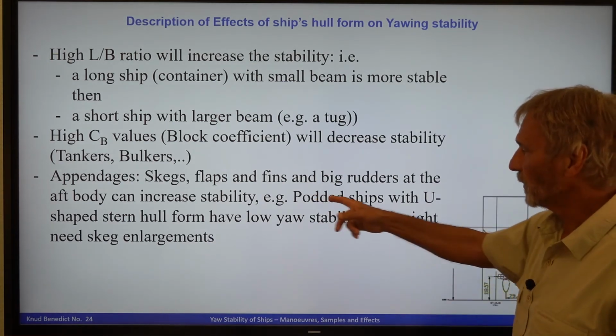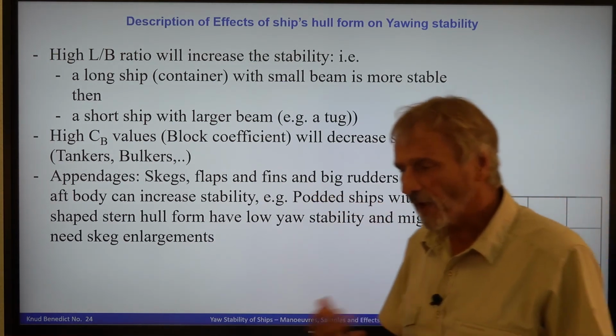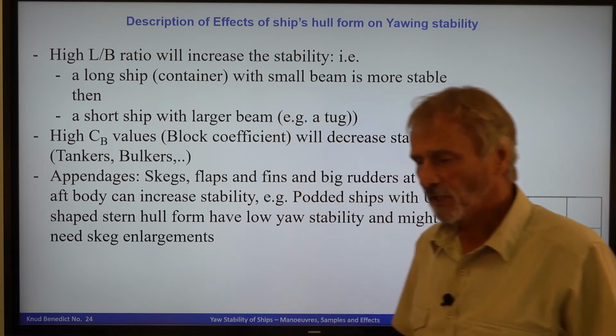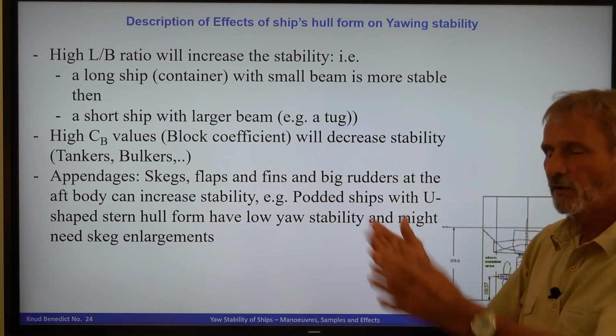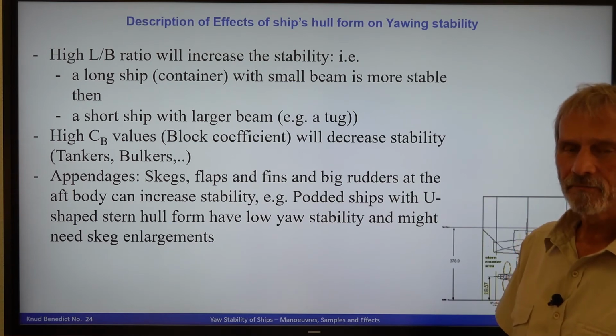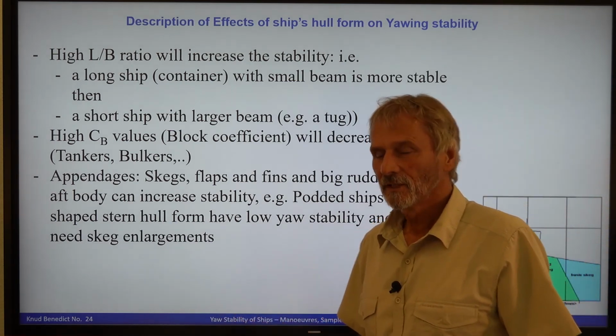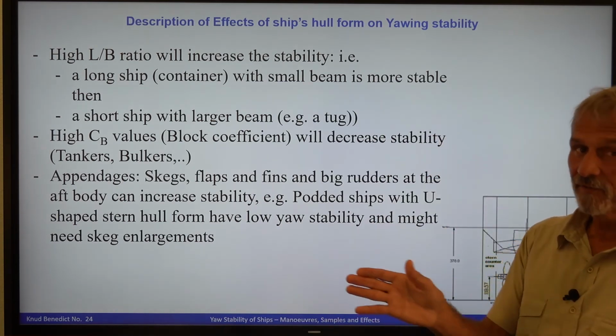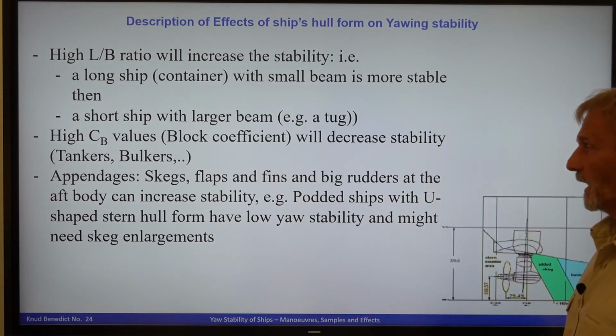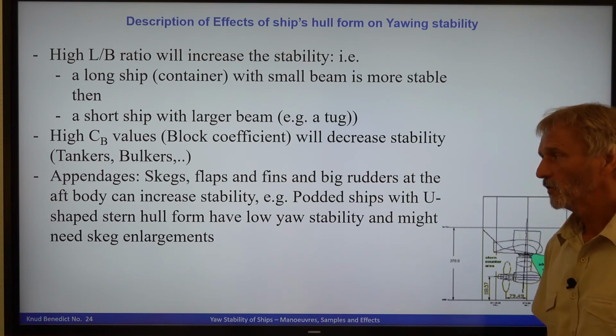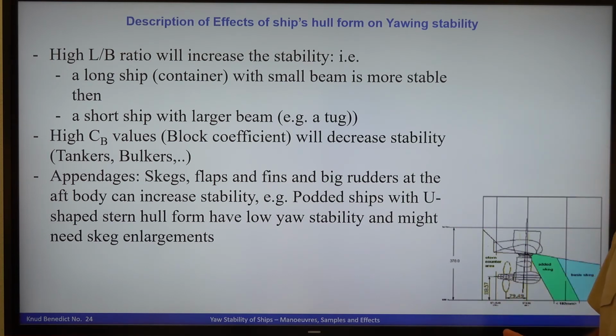For instance, for podded ships, when they came out, they had in the beginning this U-shape stern form, which is not good in damping at all. And so these ships were very unstable. And so they have used additional means like skegs.